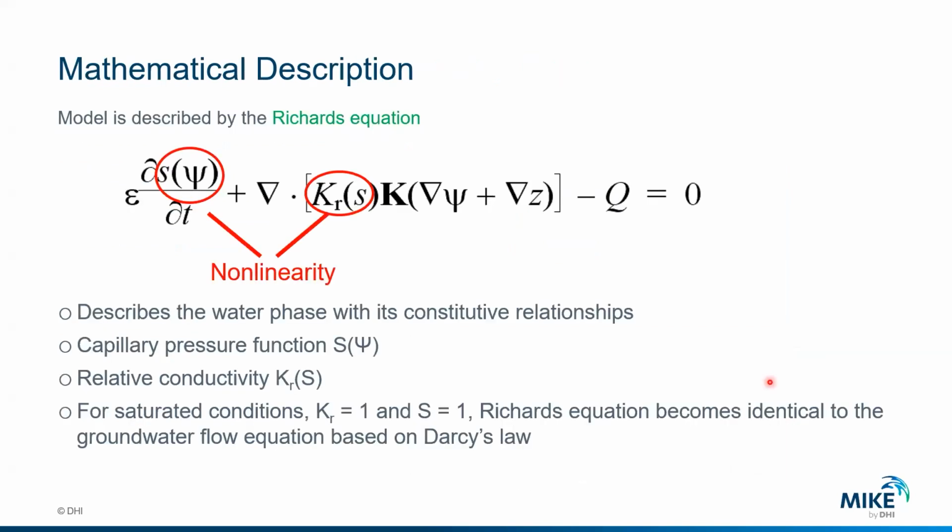So what we are solving behind the scenes is this famous Richards equation. It's not news. The publication, if I remember correctly, is from the 1930s, or 33.